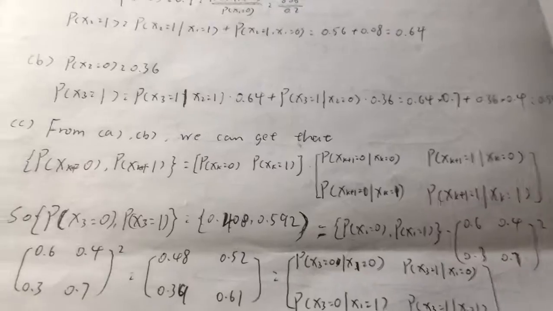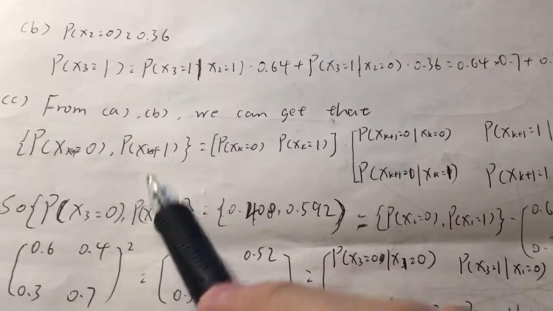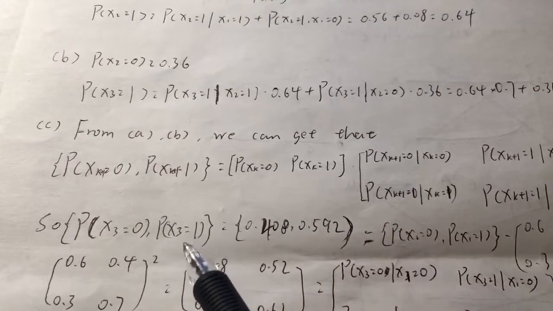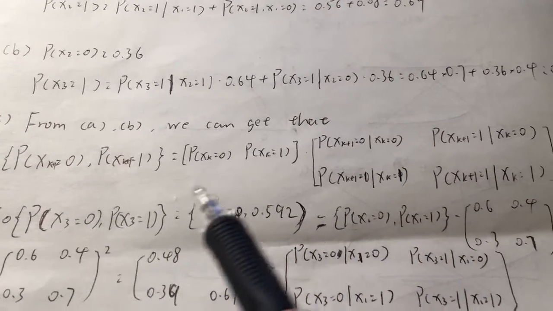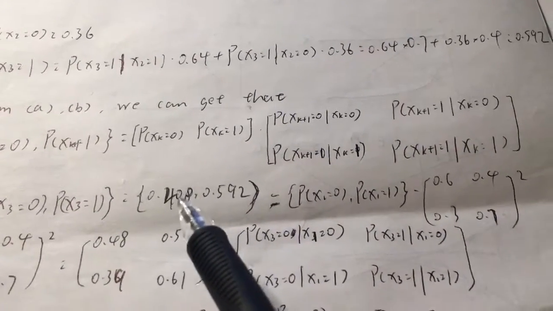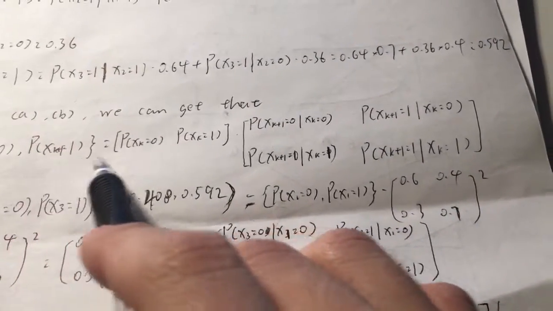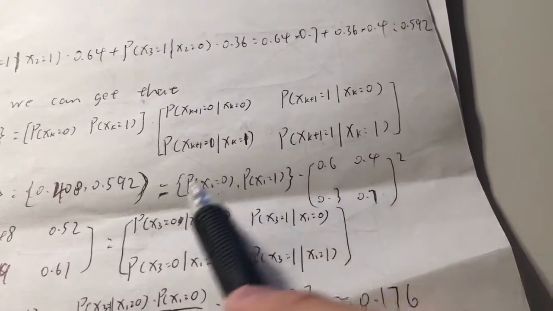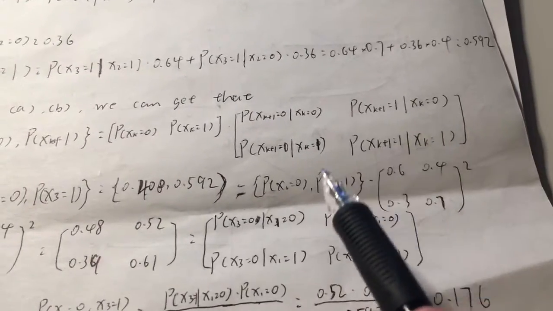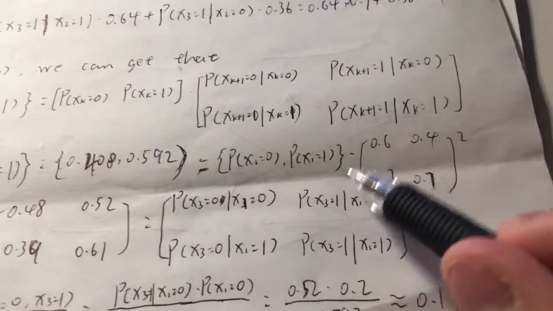For this question, we need to calculate the probability that x3 equals 0 and the probability that x3 equals 1. After we calculate with the basic condition, we got this, and we also use this to get this. The question needs the second one.